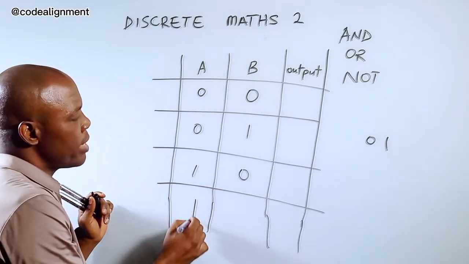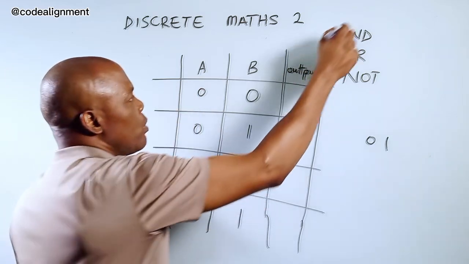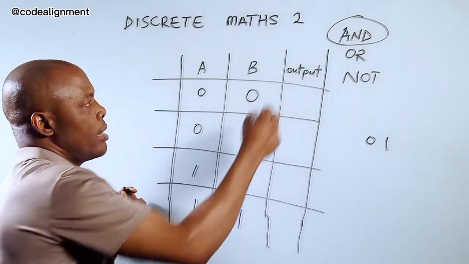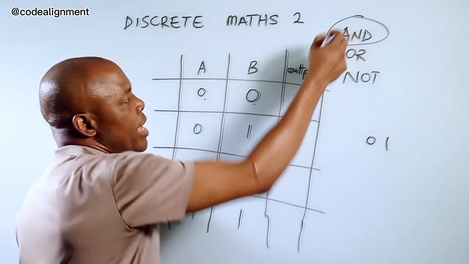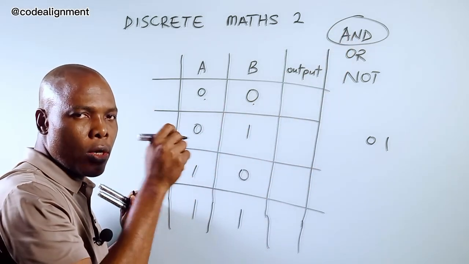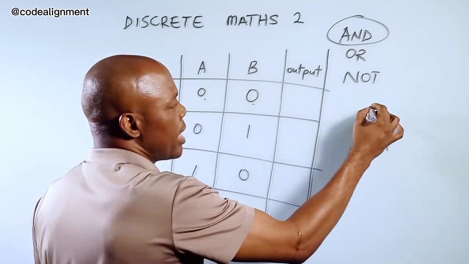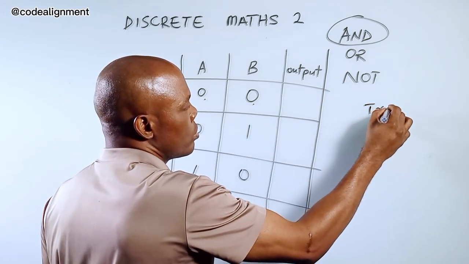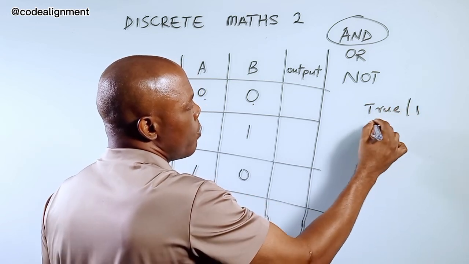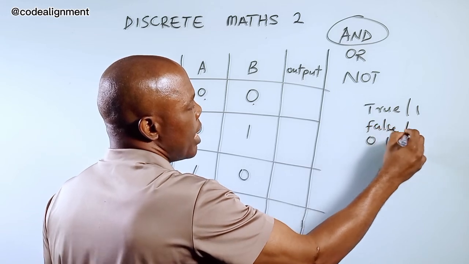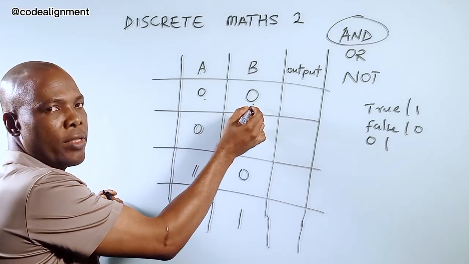And if I have 1 and I have 1, what will the output be? If I am using AND. For AND, both conditions must be true for the output to be true. So we are looking at true as 1, while false as 0. So if this is 0, that is false.